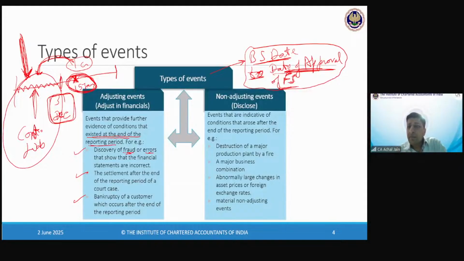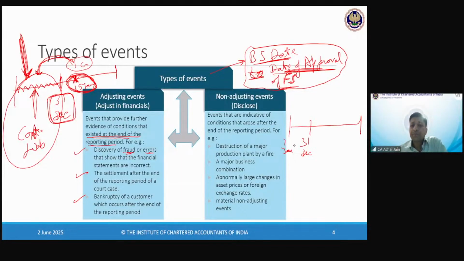Now let's take an example for this one also. Say for example, once again we have this 31st December as the reporting year, 1st January to 31st December.